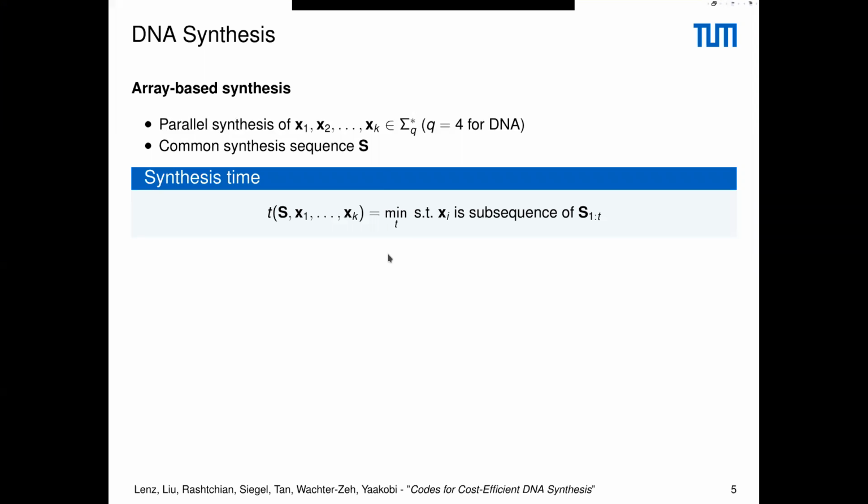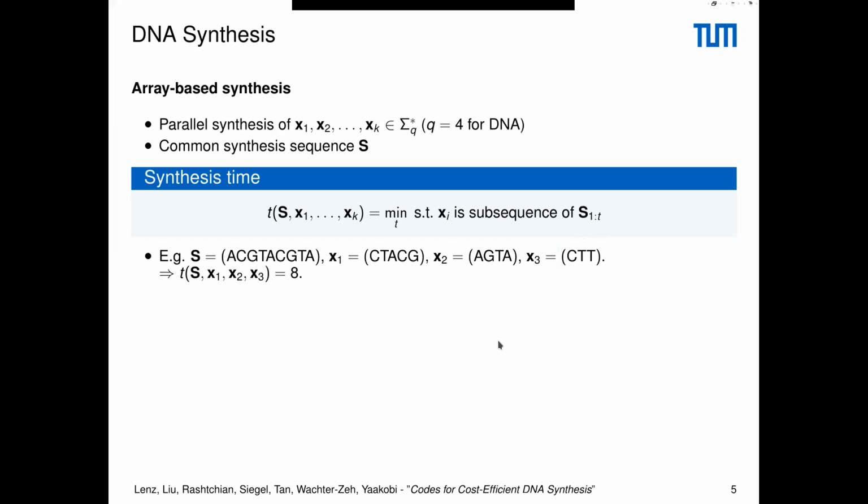With that, we can define the synthesis time of the strands X1 to XK using a synthesis sequence S. This is simply defined as the smallest time t such that every strand Xi is a subsequence of the prefix of the supersequence of length t, which means basically, as you have seen before, that we are synthesizing in each step, and t is the number of steps that we need until we can synthesize all of the strands.